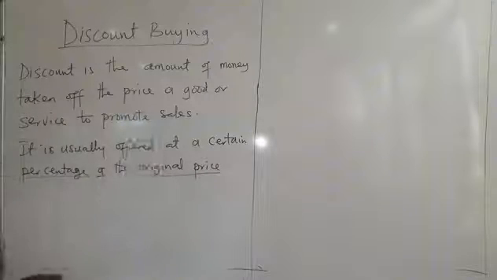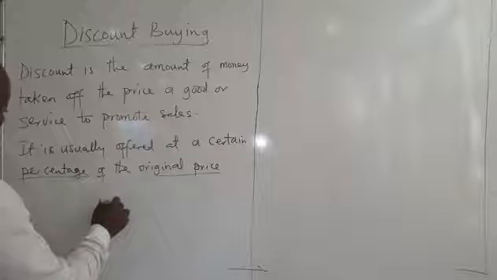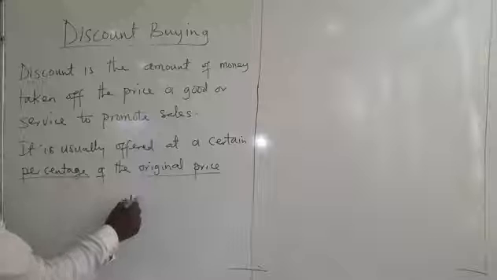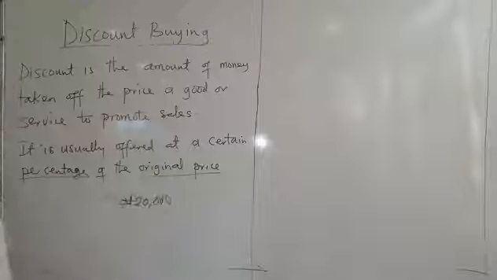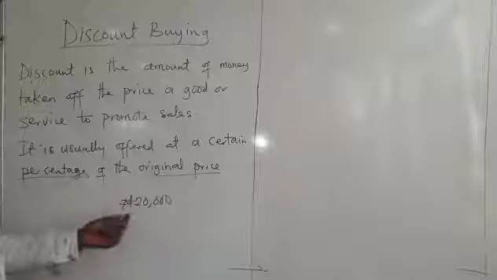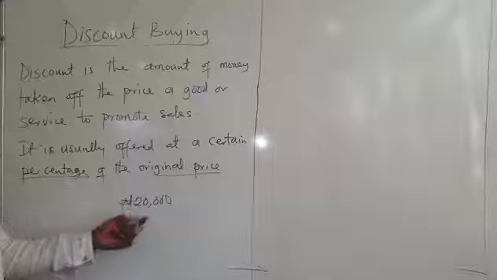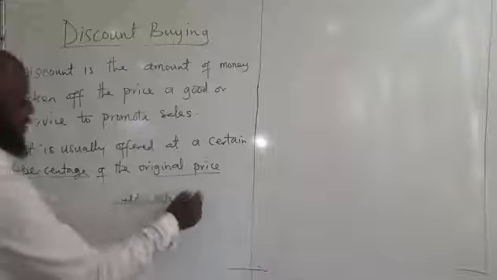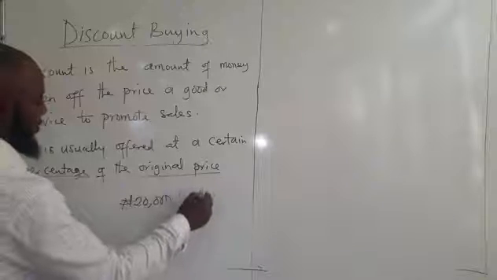Let's say, for instance, you're a seller and the price of a product is 20,000 naira, and you want to encourage buyers to buy your product. You reduce the price by saying 10% off or 5% off.